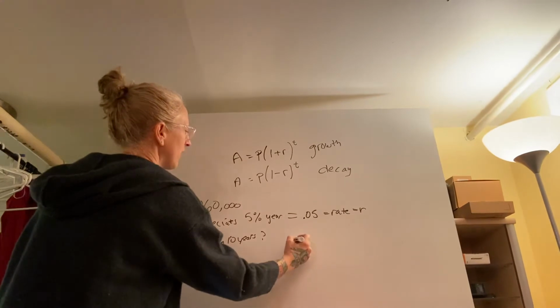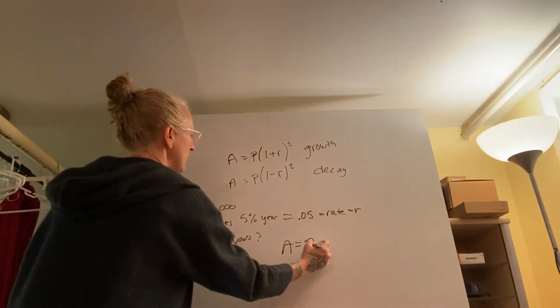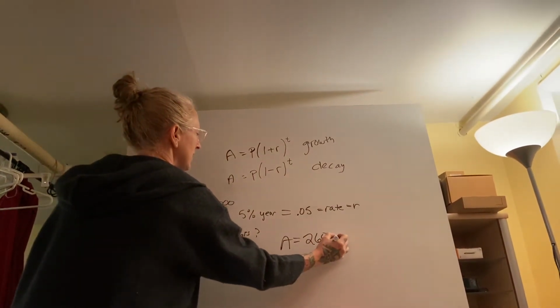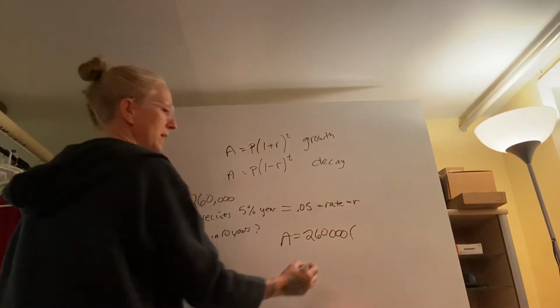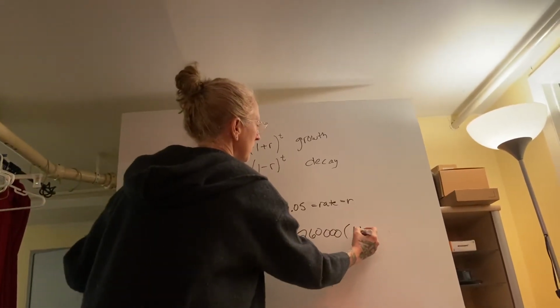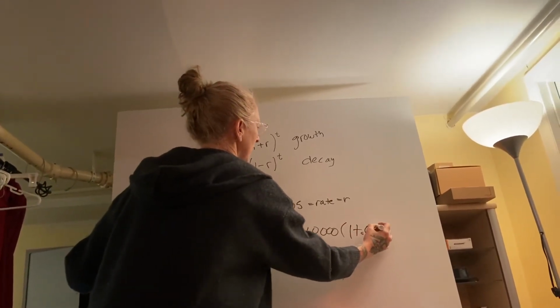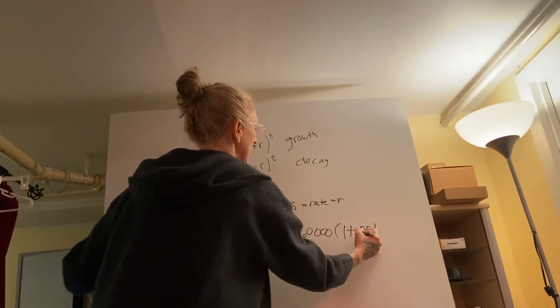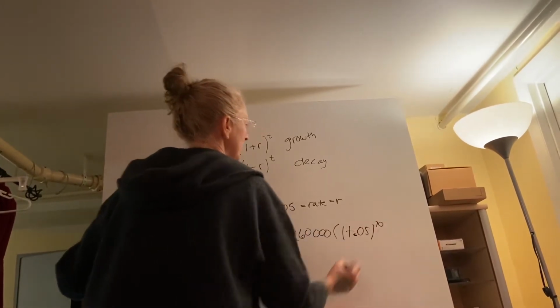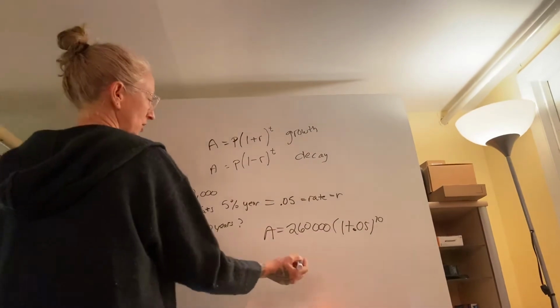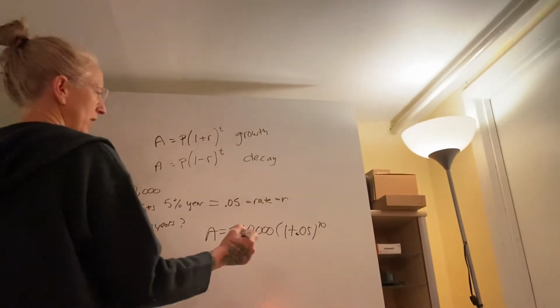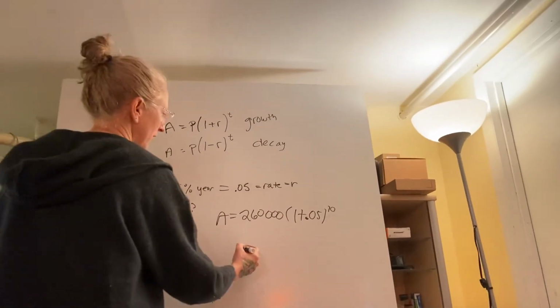So in this case, our final amount is going to be 260,000 times 1 plus 0.05 raised to the 10 for 10 years, okay? If you put that in your calculator, I have no idea what you're going to get, but you can put it in your calculator and figure it out.